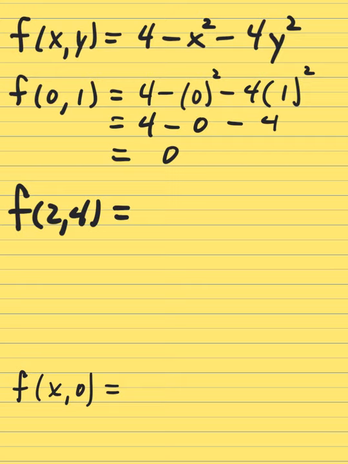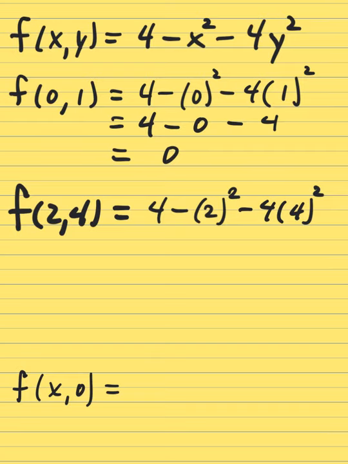All right, let's do another one. f of 2, 4. We're going to plug a 2 in for x and a 4 in for y. So that is 4 minus 2 squared minus 4 times 4 squared. Just make sure that 2 goes in for x, 4 goes in for y.